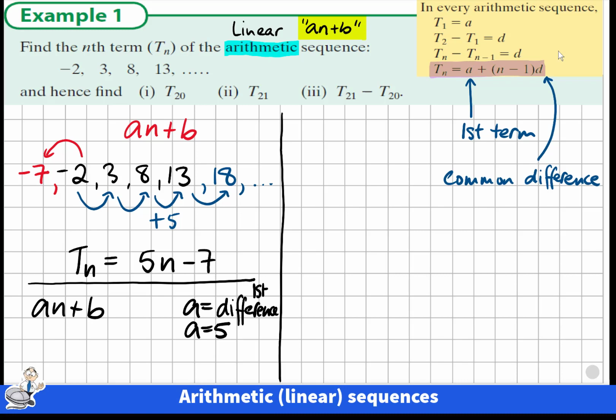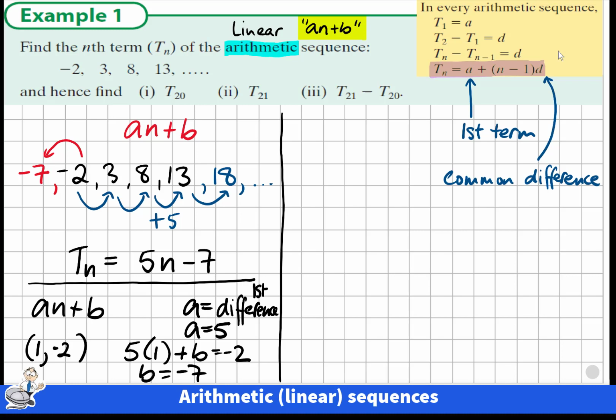And then you could use inputs and outputs. I know that when I sub in 1, term 1, the output is -2. So if I sub that into the series an plus b, I get 5 times n plus b, the output is, where n is 1, 5 times 1 plus b is equal to -2. So straight away you'd see quickly enough that b is equal to -7. So this is a second approach you could do.